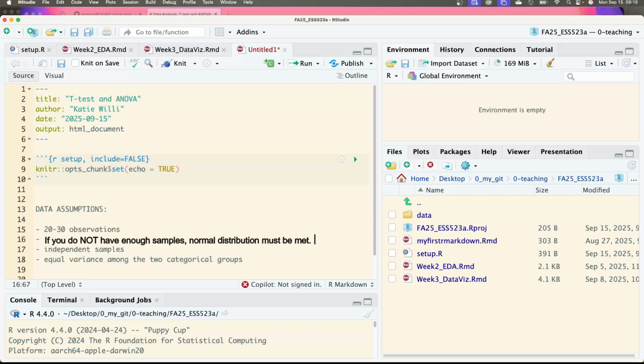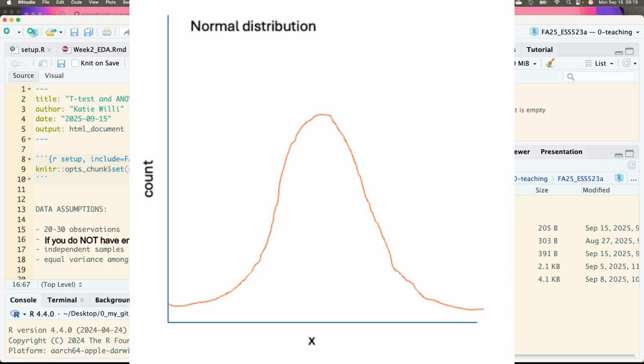And then I'm going to go over here and talk about normal distribution. Normal distribution is, I think for both the t-test and ANOVA, something that is assumed your data has. So once again, you kind of need to meet this assumption. When you have a huge amount of observations, really anything over that 20, 30 mark we call fine, we can kind of assume, even if our data doesn't look like this, that it will get there eventually, based on the central limit theorem.